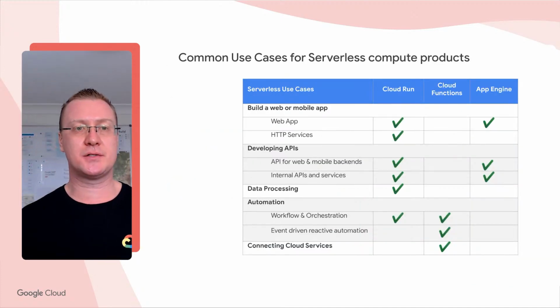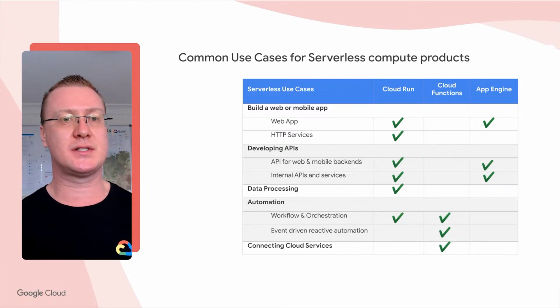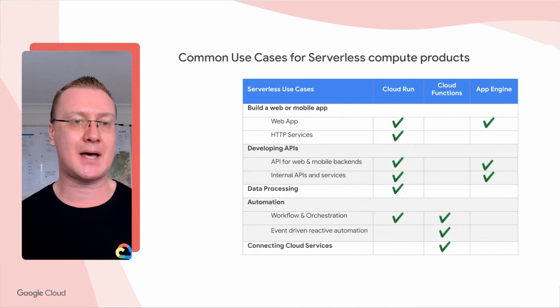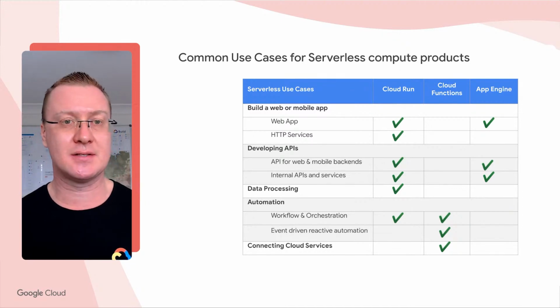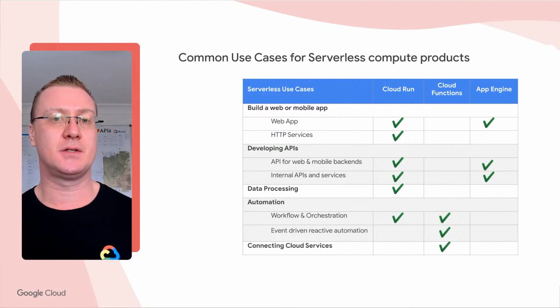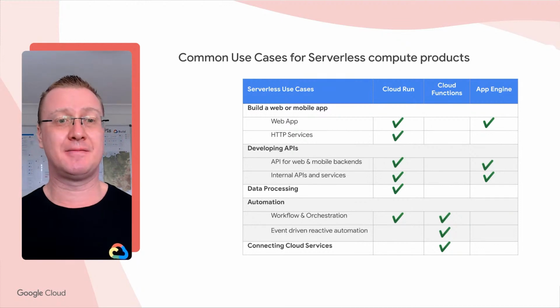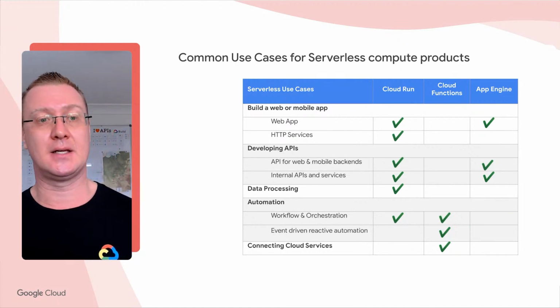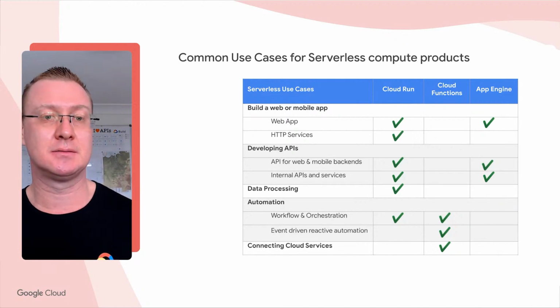Now, some common use cases for these serverless compute products are typically oriented towards the type of app that you're going to run. Now, if you're choosing to run a web app or HTTP services, maybe Cloud Run is going to be the best option for you. Web apps are typically driven towards App Engine, while functions might be more oriented towards workflow and orchestration and event-driven reactive automation.